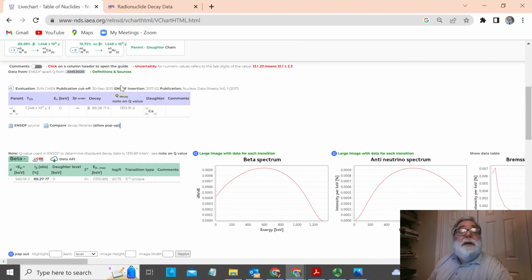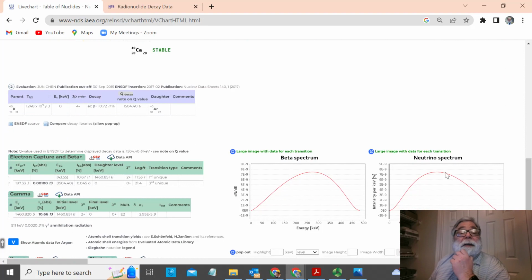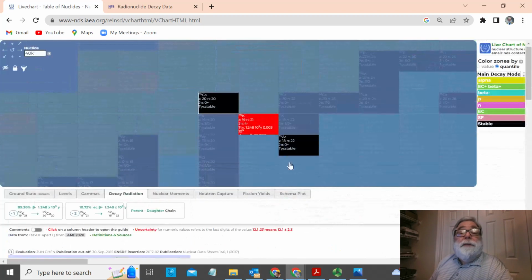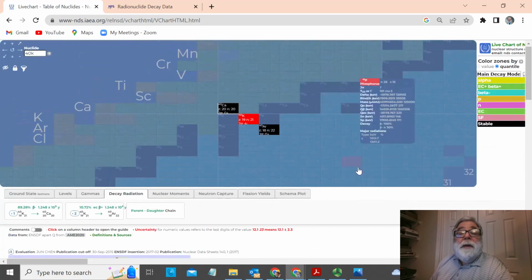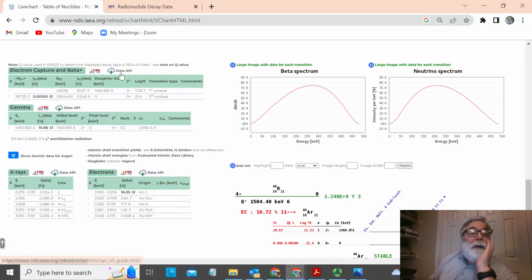So what is the alternative? Well, it's also possible that it can have a beta plus that results in argon 40. So it reduces the atomic number by 1. Argon 40 is also stable. So that's a possibility. The abundance of that is very low, 0.1%. So not very much.